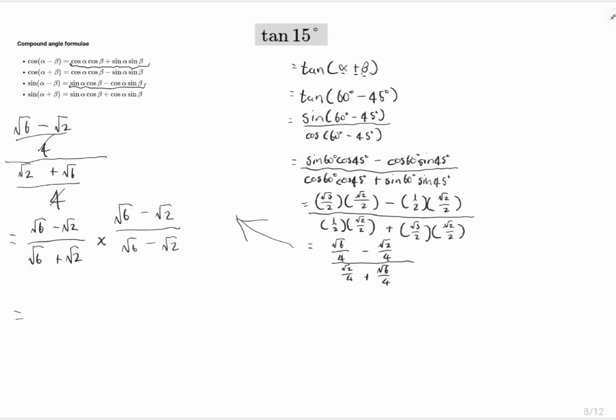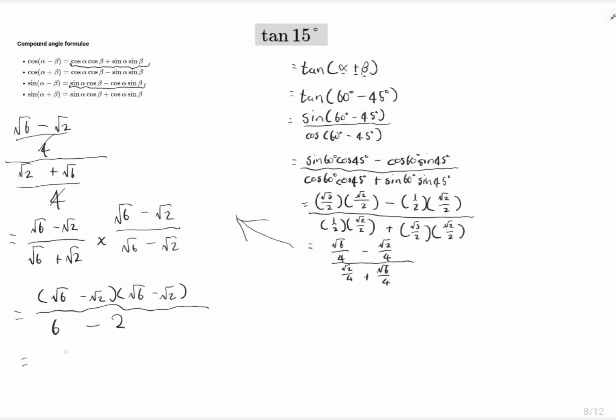So it's going to be square root 6 minus square root 2 over square root 6 minus square root 2. Two terms with different signs, so when you multiply the denominator you can just multiply first by first and last by last. First by first is square root 6 times square root 6, which is 6. Last by last is positive square root 2 times negative square root 2, which is negative 2. Let's simplify that further.